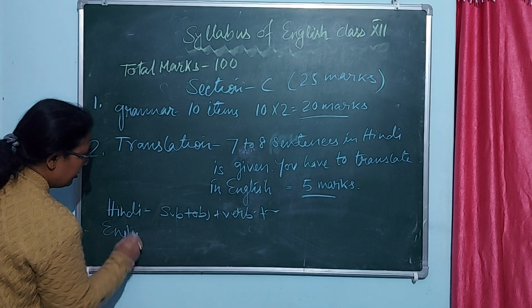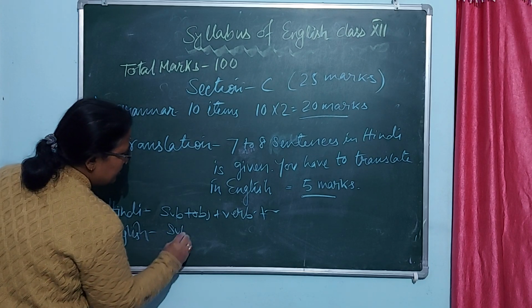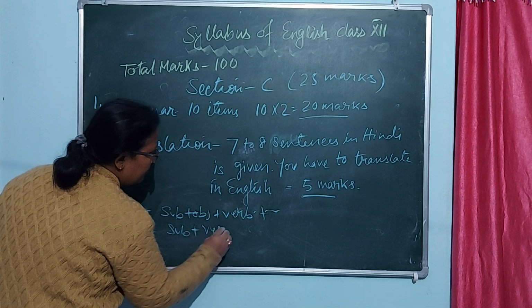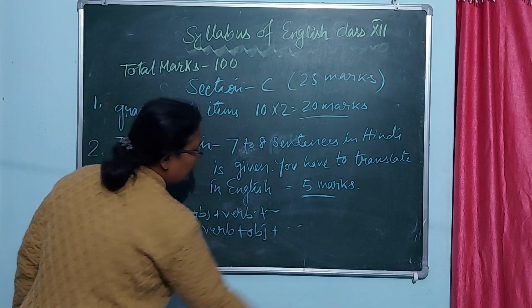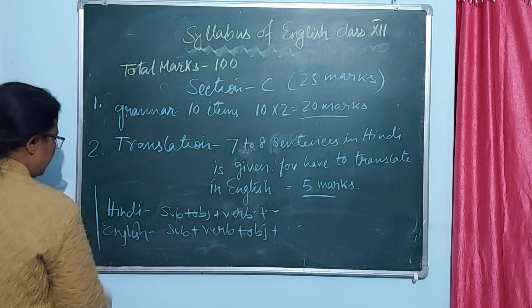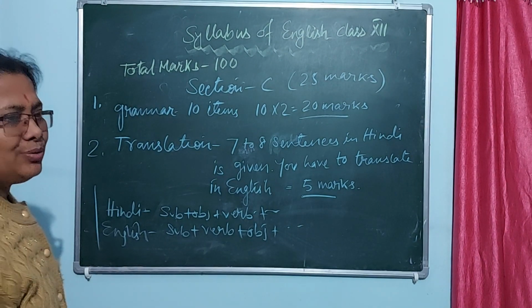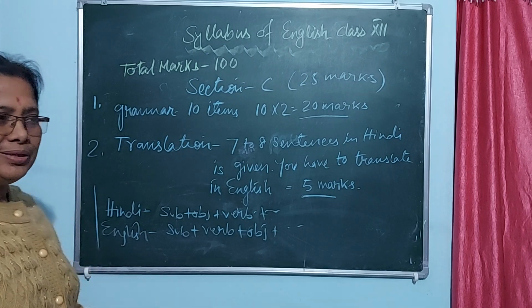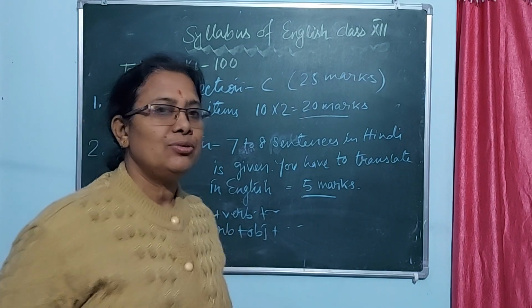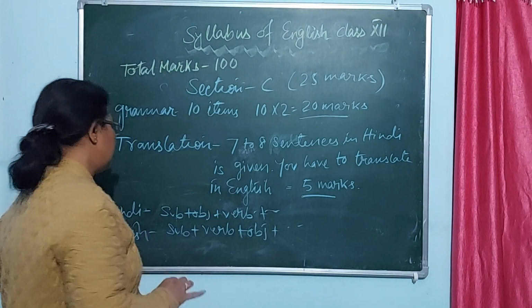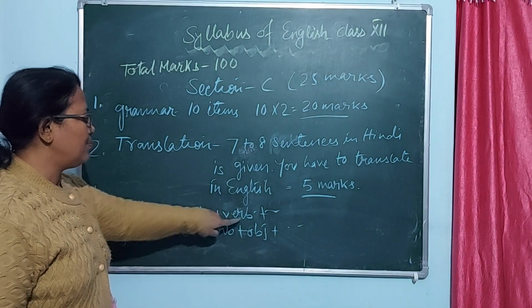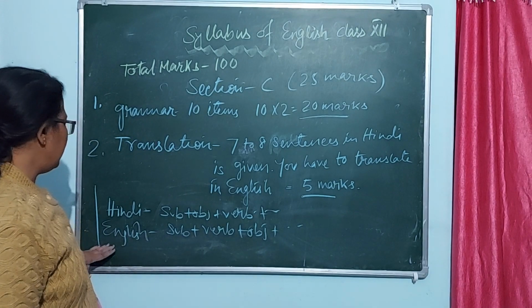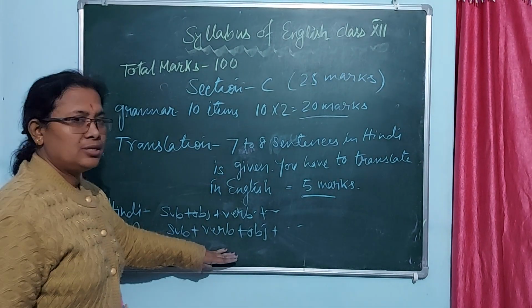In English it is subject, verb, plus object, after that a full stop. So we have to maintain this. If you just simply go with the Hindi line, then your translation will be full of mistakes. So Hindi sentence structure is subject, object, verb plus extra words, and English is subject, verb, object.